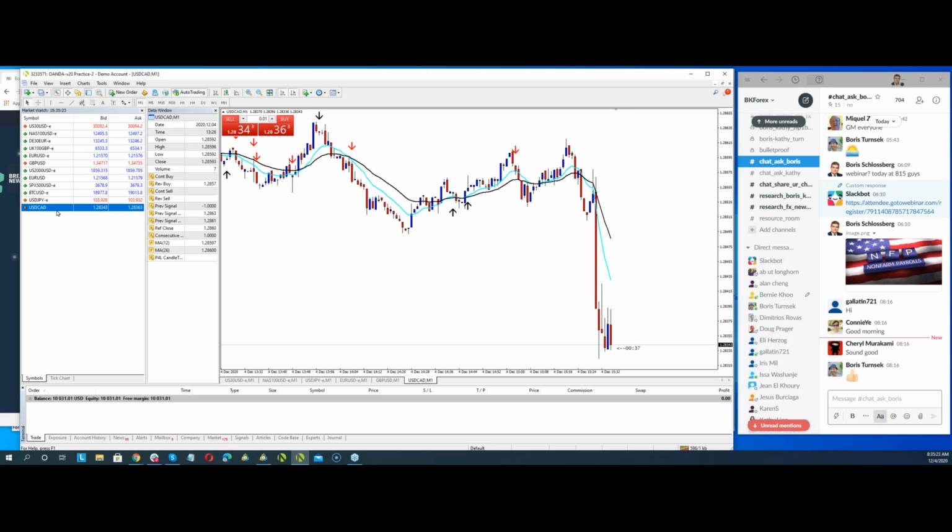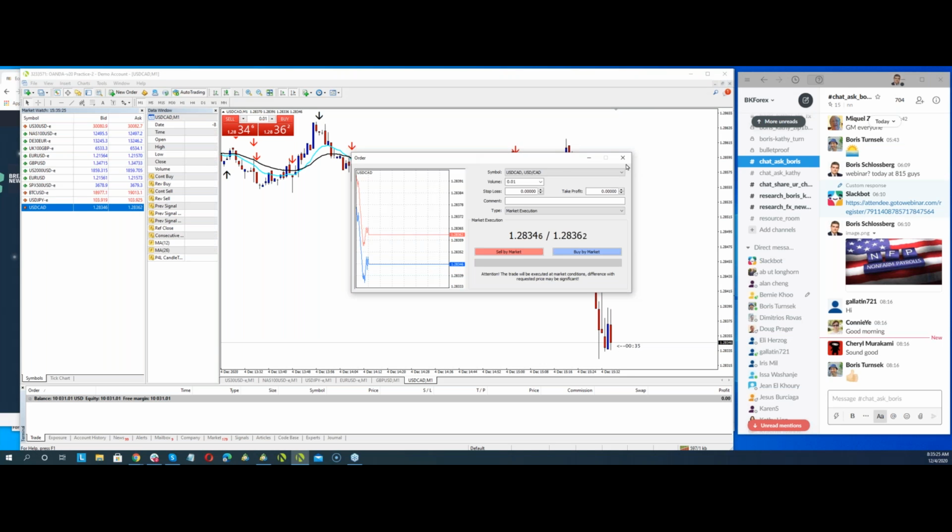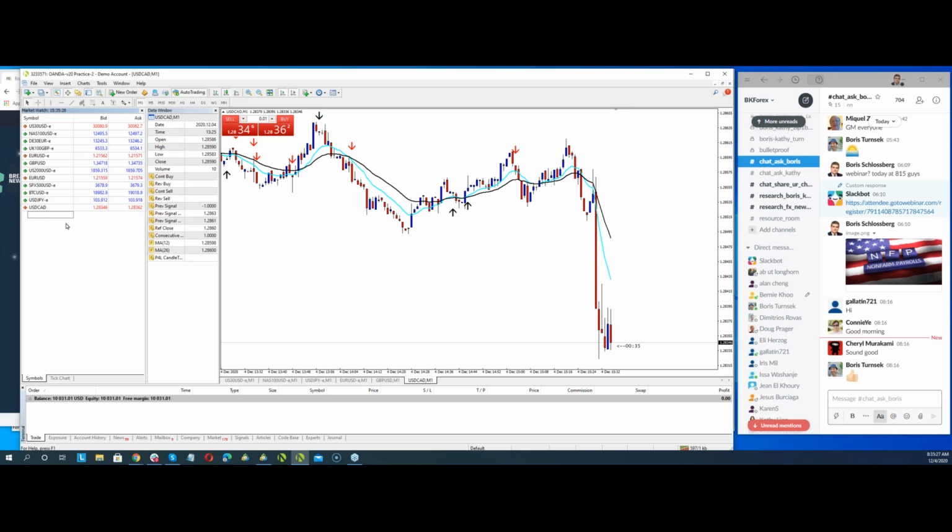Okay, must be the wrong symbol. Let's see. USD CAD.E. Yes, that's what I want. I want this symbol. So I'm going to delete this.